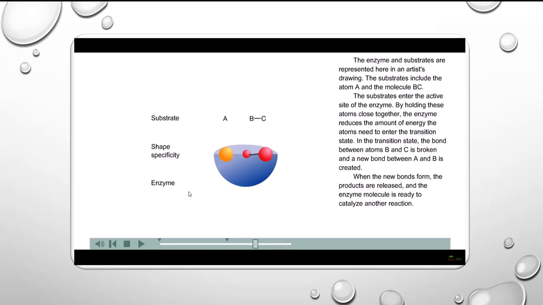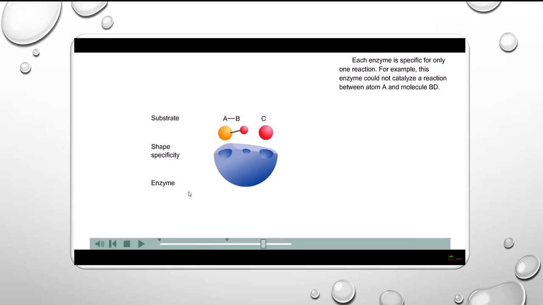In the transition state, the bond between atoms B and C is broken, and a new bond between A and B is created. When the new bonds form, the products are released, and the enzyme molecule is ready to catalyze another reaction. Each enzyme is specific for only one reaction. For example, this enzyme could not catalyze a reaction between atom A and molecule BD.